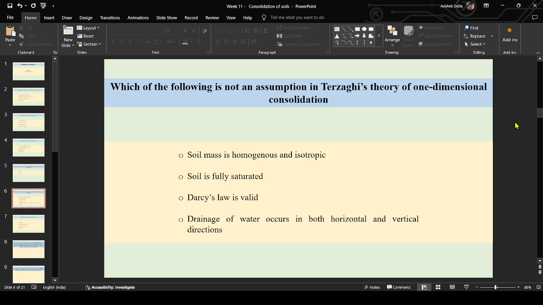Second option, soil is fully saturated. Third option, Darcy's law is valid. And last option, drainage of water occurs in both horizontal and vertical directions.